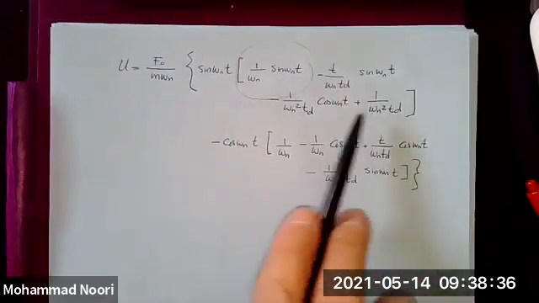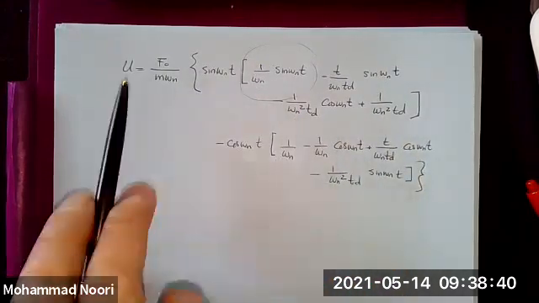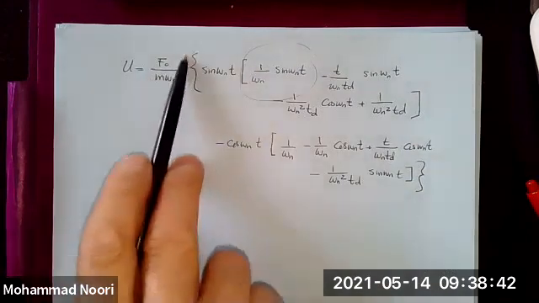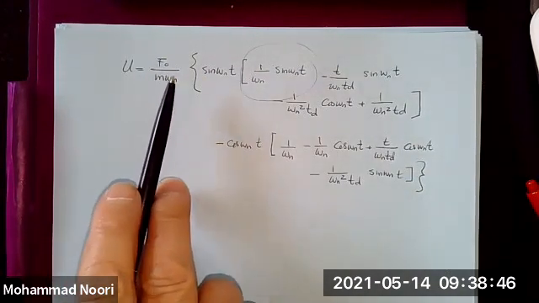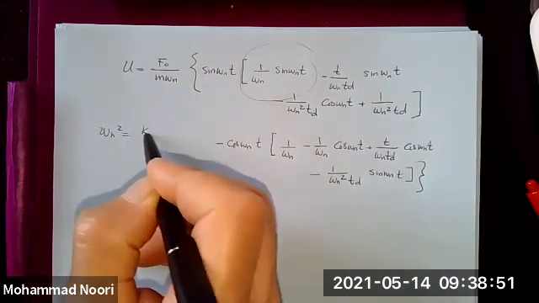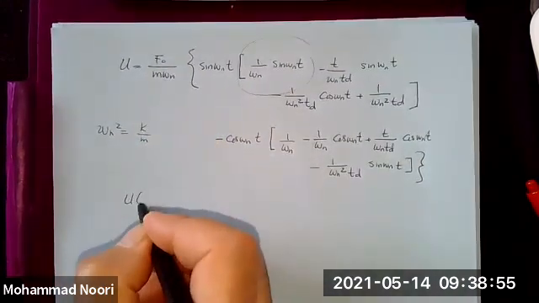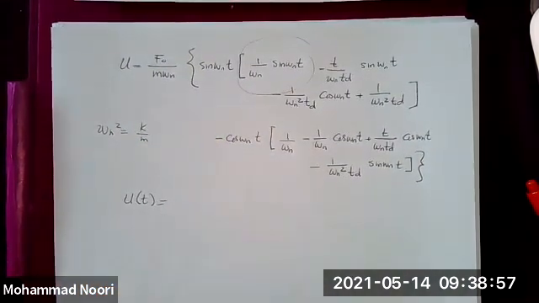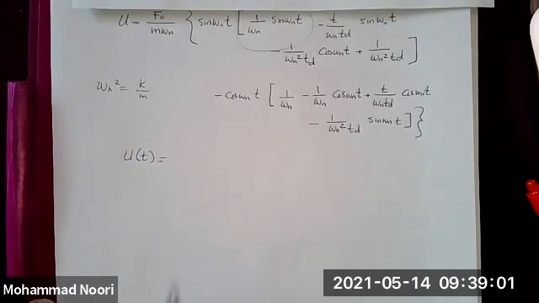You can see that you can take 1 over omega n and factor that out of this bracket, so you'll have 1 over m omega n squared. Omega n squared is k over m, so substitute for that and you will see that u n is reduced to this form.